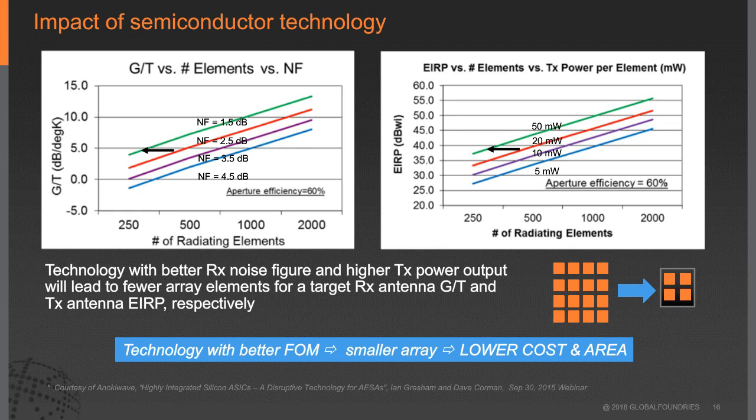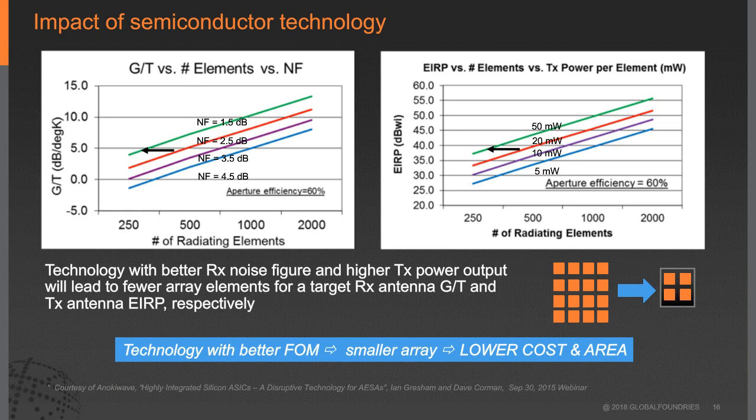The technology with better figure of merit relates to smaller array, lower cost and smaller area. So that's the crux of this: the impact of semiconductor technology is huge for phased array systems. And I'll give you an example of some semiconductor technology and how it will relate back to this as we move on in the presentation.